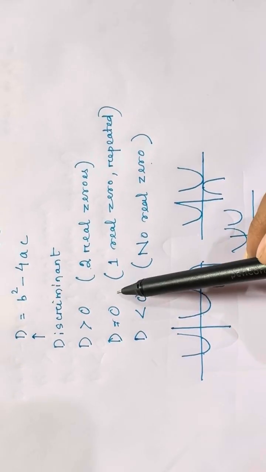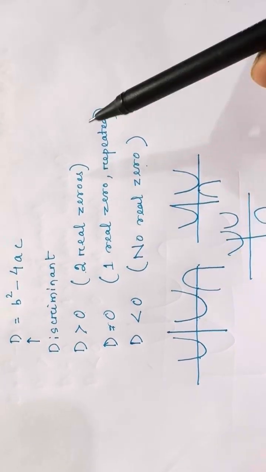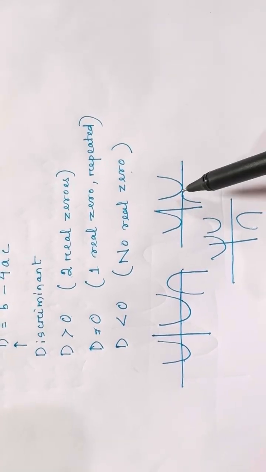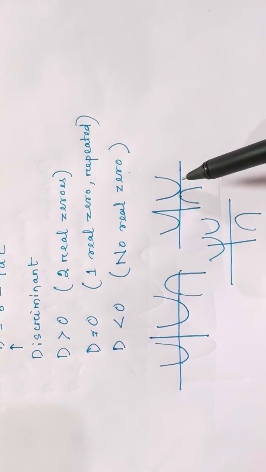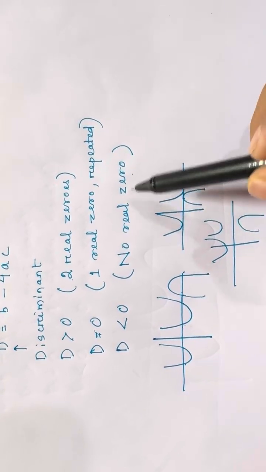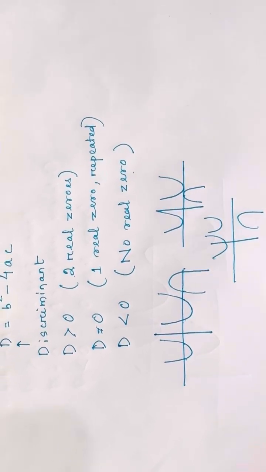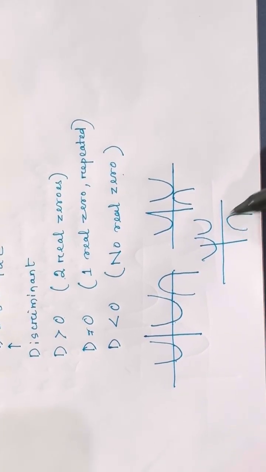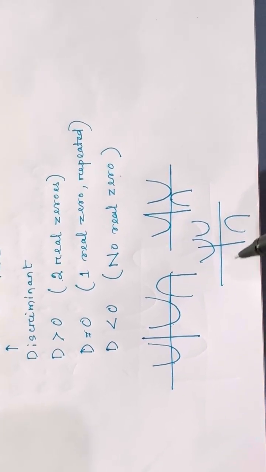When D is equal to 0, one real zero which is getting repeated. That means the graph of that particular polynomial will touch the x-axis at exactly 1 point. When D is less than 0, no real zero is existing. That means it will be having some imaginary zeros and it will not touch the x-axis at any point. That is what we are saying, zero zeros exist.